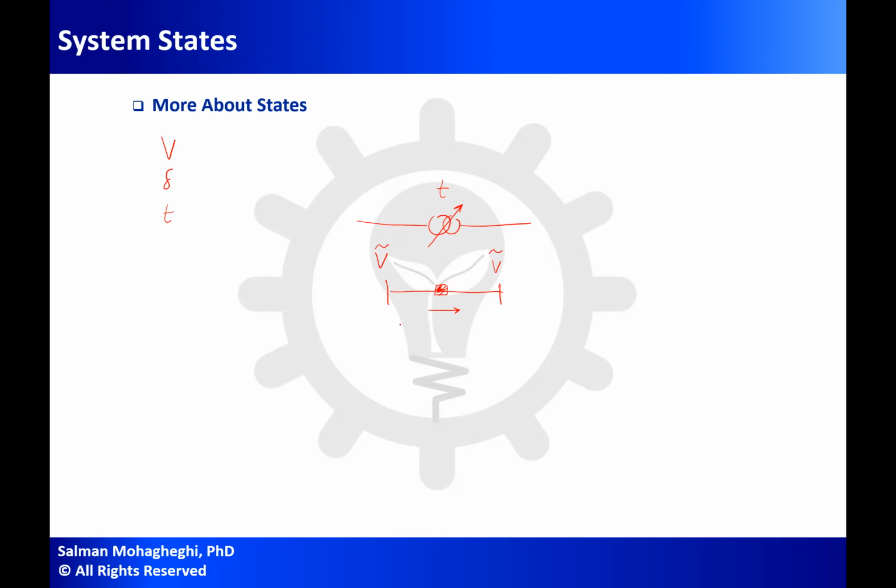So essentially, I cannot write a KVL for this path. So in a situation that you have simply a circuit breaker connecting two buses to one another, the power that is going through the circuit breaker and the reactive power that is going through it, or perhaps the current, these would be defined as additional states as well.